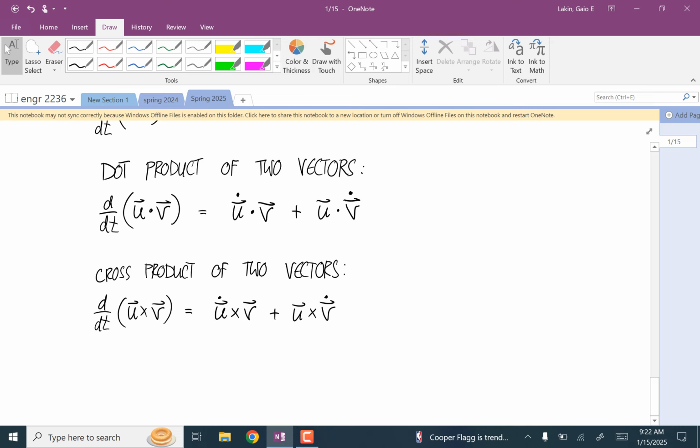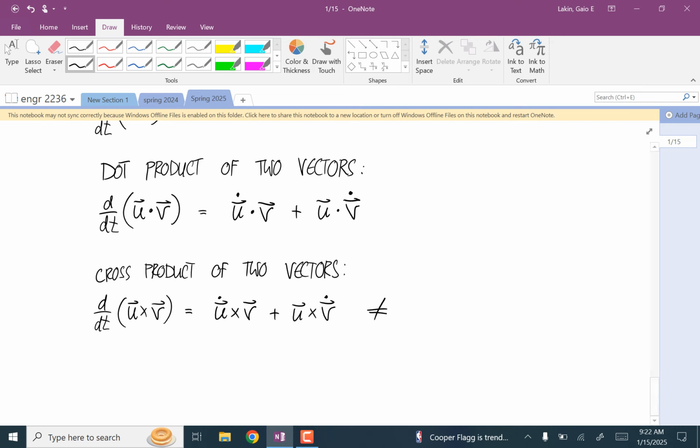With scalars, it doesn't make any difference. Derivative of the first times the second plus derivative of the second times the first. There's no difference there, right? Not with scalars. But this is with a cross product, because the order of multiplication matters in cross product.